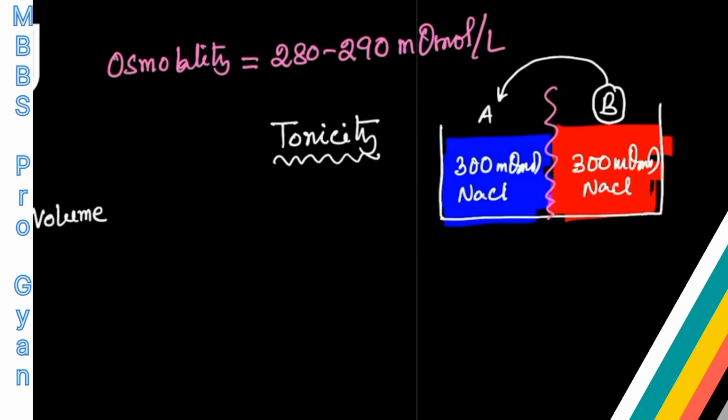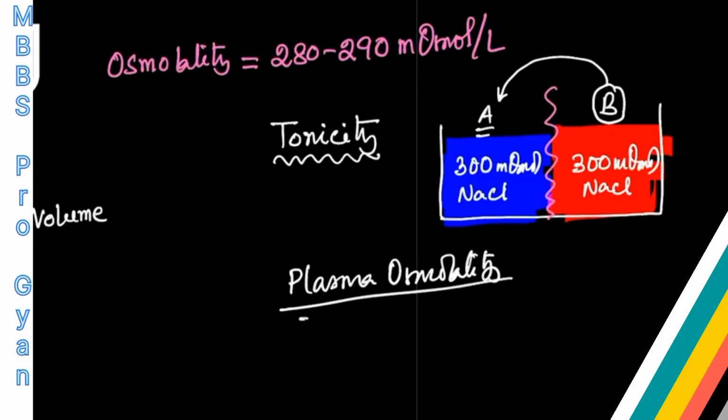But for biology, or particularly for medicine, this reference solution is nothing but your plasma osmolality. So basically, for the medical field, tonicity means the effective osmolality of a solution in comparison to plasma osmolality.